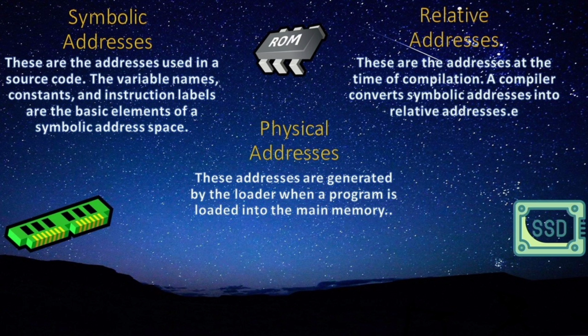Relative addresses. These are the addresses at the time of compilation. A compiler converts symbolic addresses into relative addresses. Physical addresses. These addresses are generated by the loader when a program is loaded into the main memory.